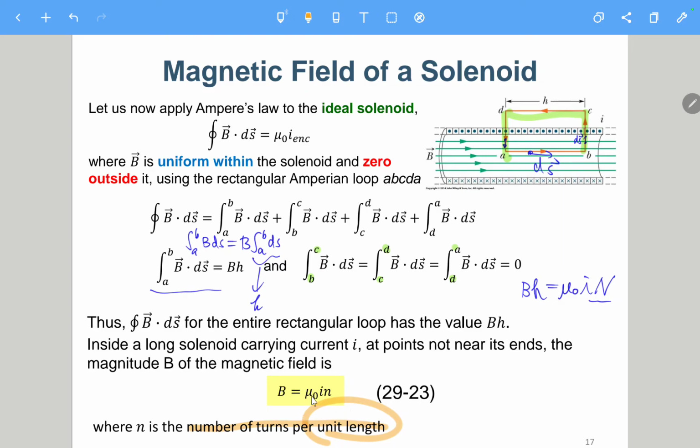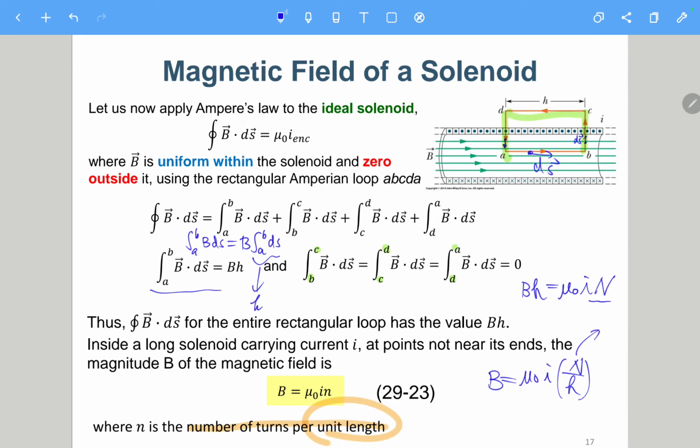So we need to be cautious about whether this is a capital letter. Here we consider we have total capital N turns for the length of h. So here we have B h equals mu 0 I, and then times N over h.